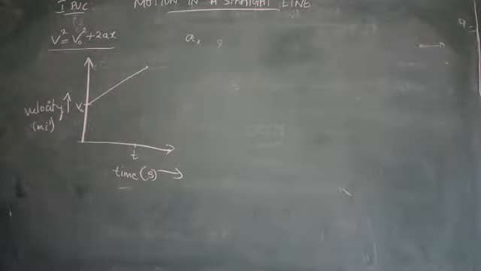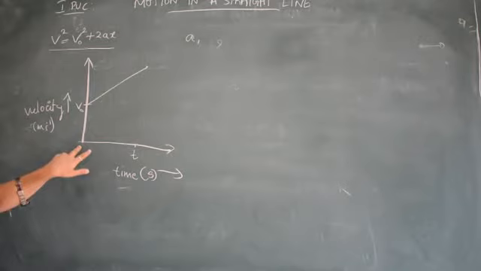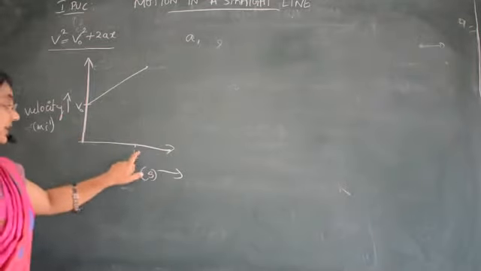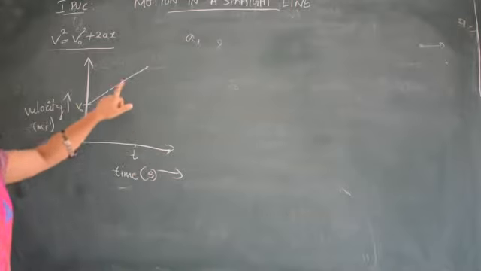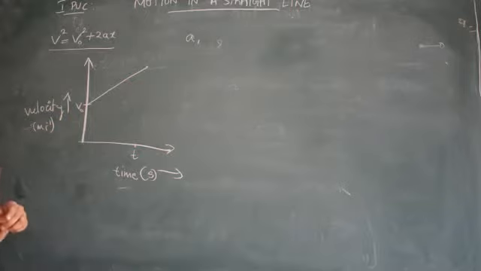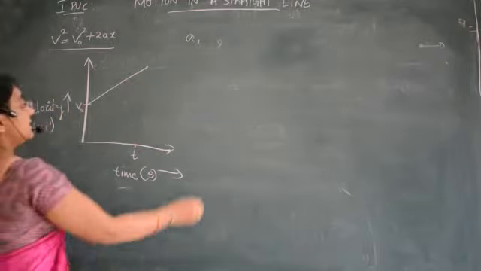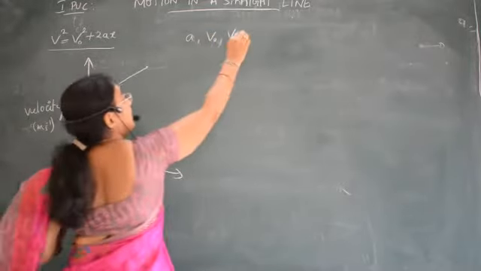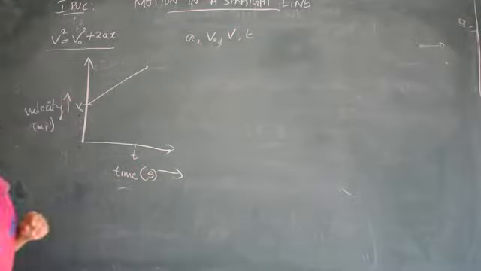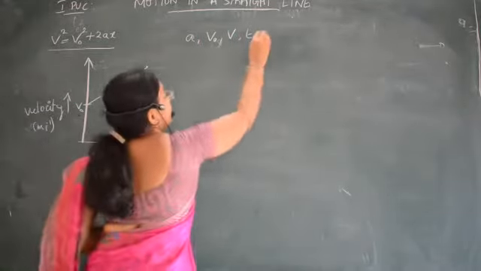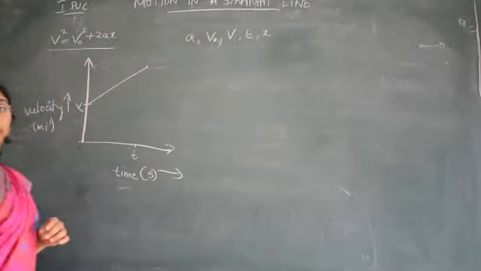Correct? See, initially the object is having the velocity v naught. After the time t, the velocity reaches the velocity v. Therefore, now let x be the displacement of the body. Let v naught be the initial velocity, v be the final velocity after the time t, and x be the displacement of the body.